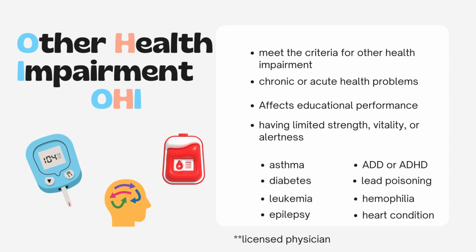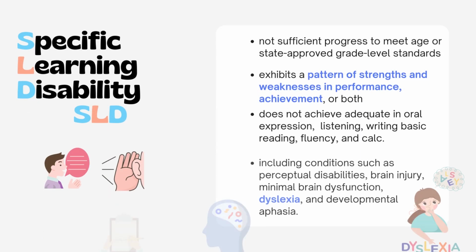It presents limited strength, vitality, or alertness in the child, and it could be, for example, asthma, diabetes, leukemia, epilepsy, ADD or ADHD, lead poisoning, hemophilia, or heart condition, and we also need documentation from a licensed physician.